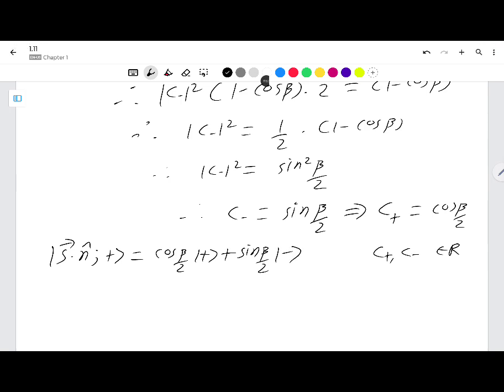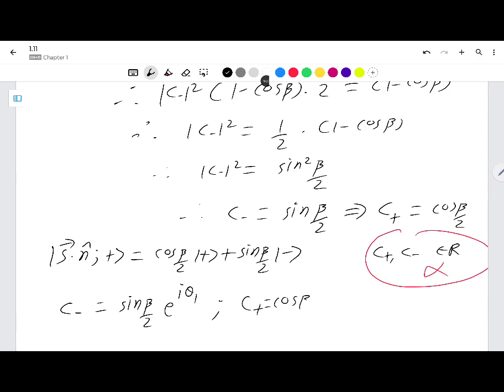But we know that this is not true, because in quantum mechanics probability amplitudes in general are complex. So we say that C minus is equal to sin beta by 2 times e power I theta 1, and C plus is cos beta by 2 times e power I theta 2.